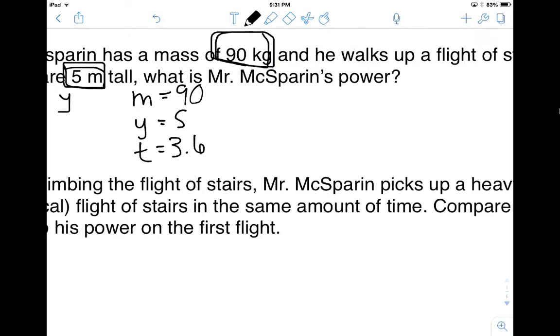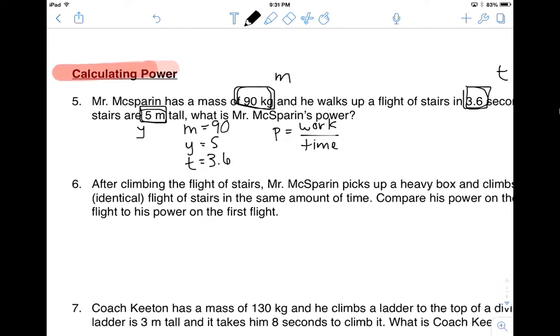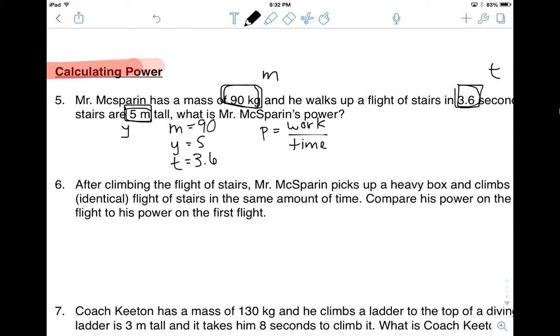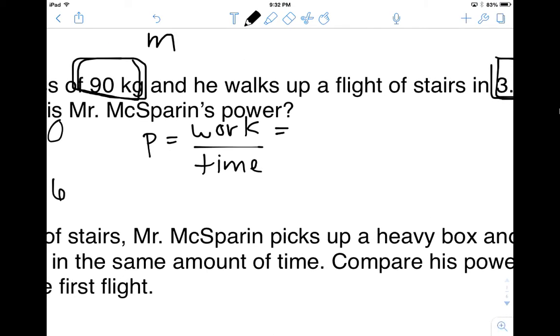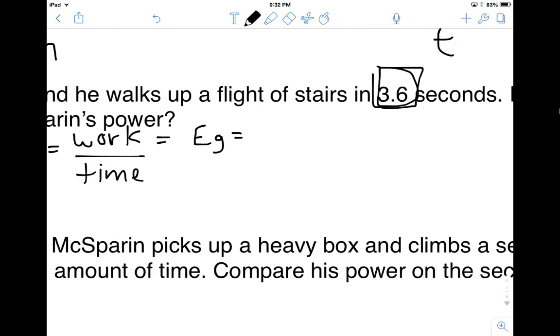Now what we need to do is remember that power is going to be work over time. In this case, because this is just a simple lifting something up, work is going to be EG. So to calculate EG, I'm going to have to do M times G times Y.